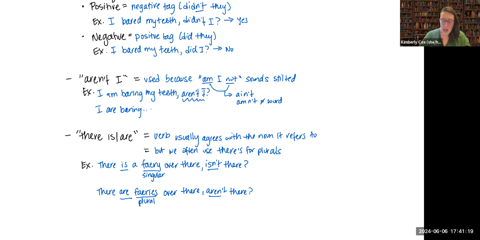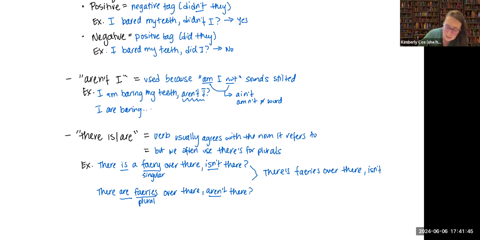Also plural. Now, what becomes quite interesting with these sentences is sometimes we'd say, there's fairies. Whoop, and of course, I'm misspelling fairies now that I've talked about it. There's fairies over there, isn't there? Okay.